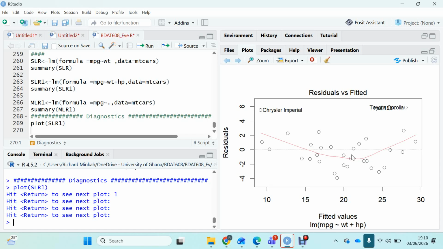Look at putting all these variables, about 10 of them. We got our multiple R squared to be 0.86. Look at even the adjusted R squared, 0.81. And compare it with what we got from the two. Do you see what is happening?